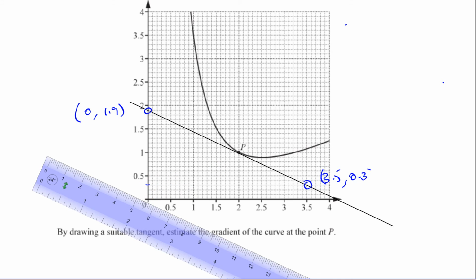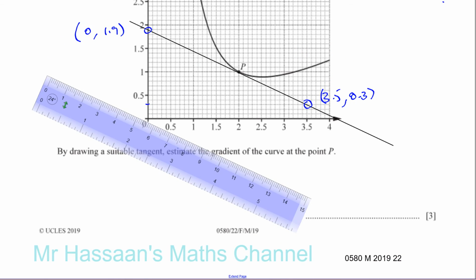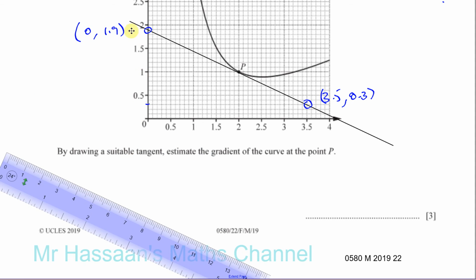So the gradient of this curve, therefore, get the ruler out of the way, is going to be given by the change in y over the change in x. So you can say 1.9 minus 0.3 over the change in x, which is 0 minus 3.5.